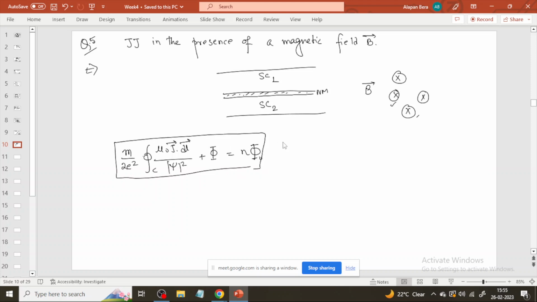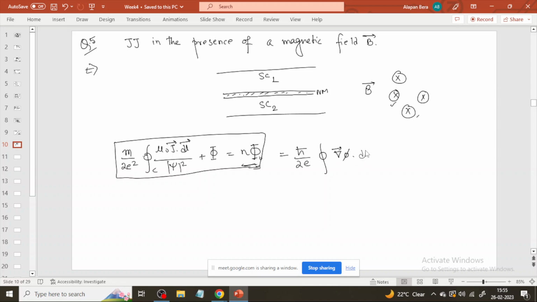Now we start from this equation and try to see how the currents in the junction get modified in the presence of this magnetic field. Now this phi naught can be written as this also. The term on the right hand side can be written as this.